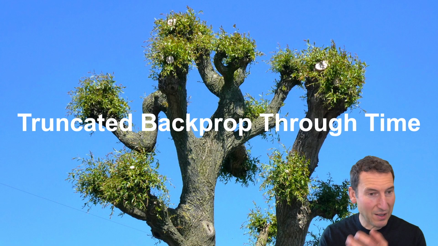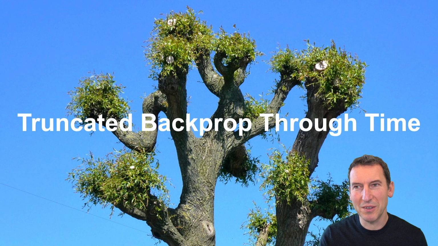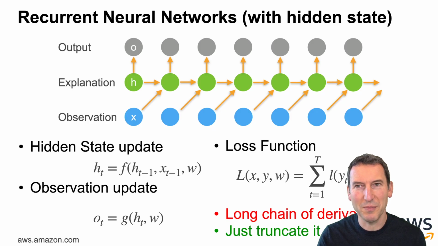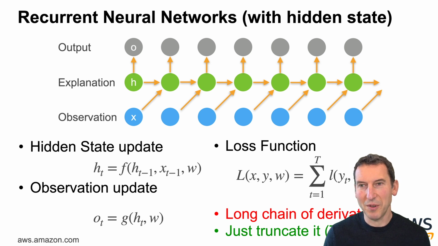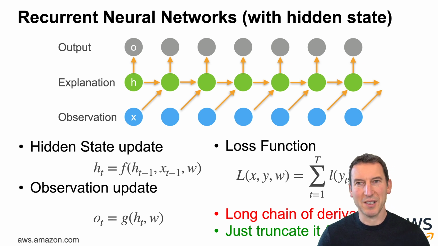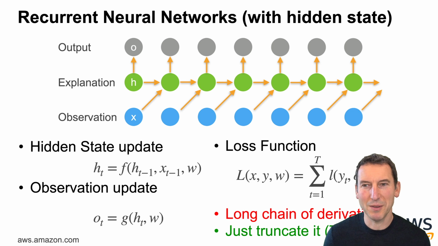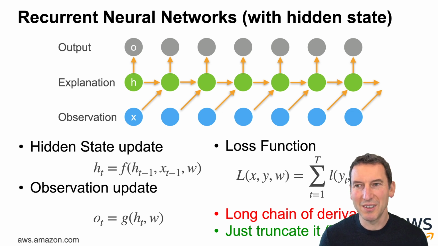Of course, now let's get back to the issue of those very long sequences, because besides the objective, we also need to fix the optimization problem. If you recall, in a recurrent neural network, we have this sequence of observations, then the corresponding explanations, and then the output. In the hidden state, we update h_t as some f of h_{t-1}, x_{t-1}, and w, and then I get the output o_t. And if I want to compute the gradient, well, I have this very, very long sequence.